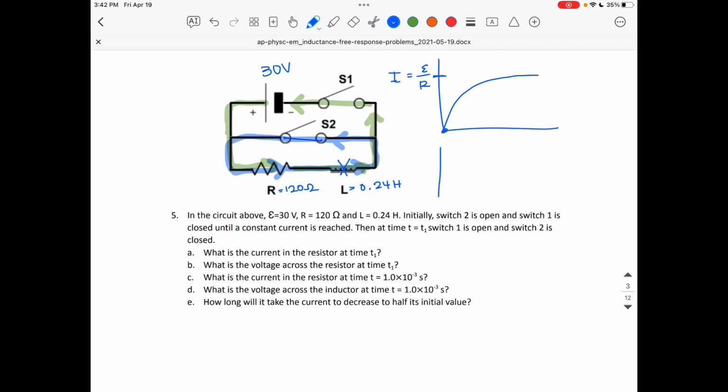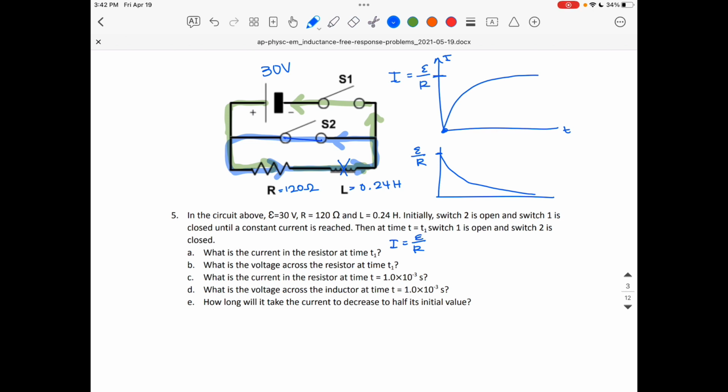And then when it's closed, so this is I_T, we're going to start at the current it left off at, and we're going to decrease down to 0 as the inductor discharges. So the current in the resistor, right when it flips, is going to be the same current that it ended at in the initial setup.